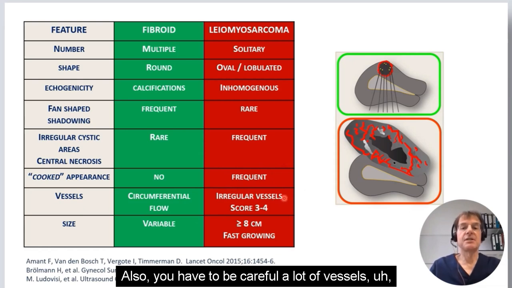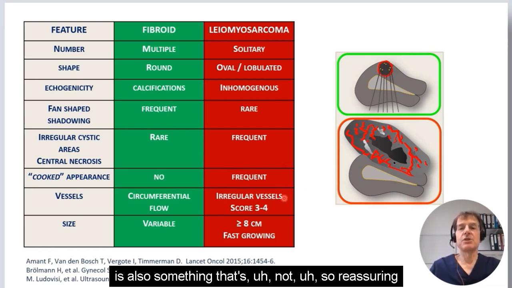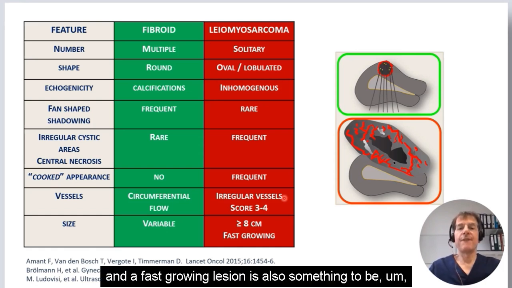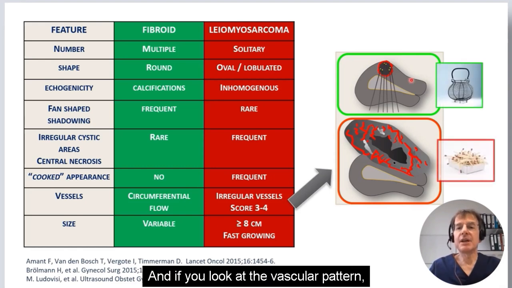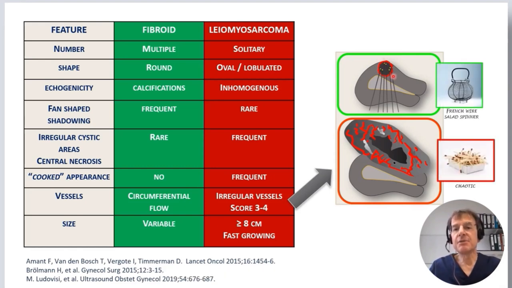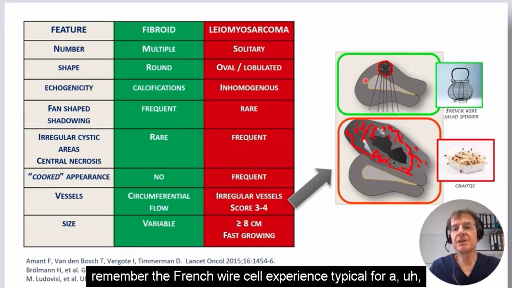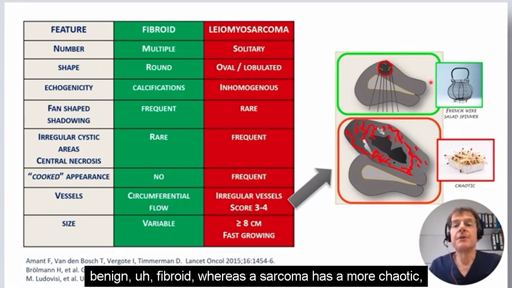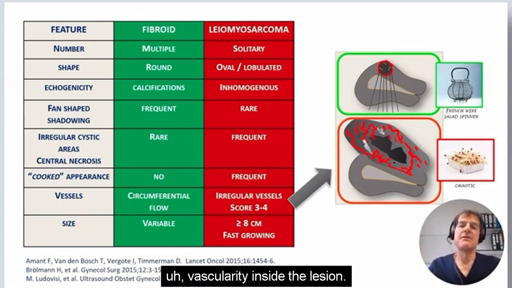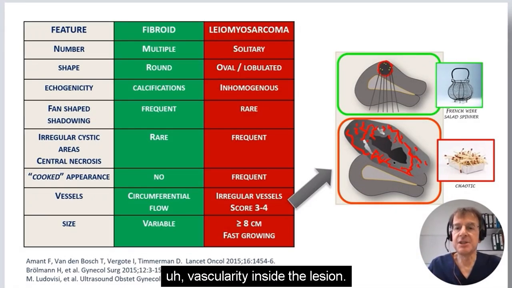A lot of vessels is also something that's not so reassuring, and a fast-growing lesion is also something to be careful about. And if you look at the vascular pattern, remember the French wire salad spinner, typical for a benign fibroid, whereas a sarcoma has a more chaotic vascularity inside the lesion.